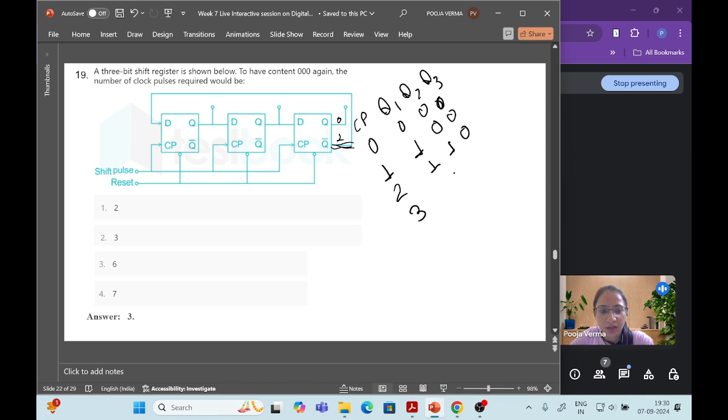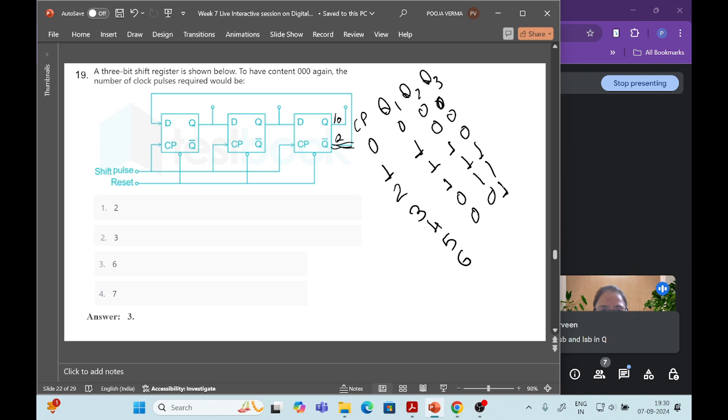Now again it will invert. So 1, 1, 1. Now the output has come to 1, so it will be complemented as 0 in the next clock pulse. So 0, 1, 1, right? Now for the next clock pulse, again it will complement and shift: 0, 0, 1. And now if we apply the next clock pulse, it will again complement, so 0, 0, 0.